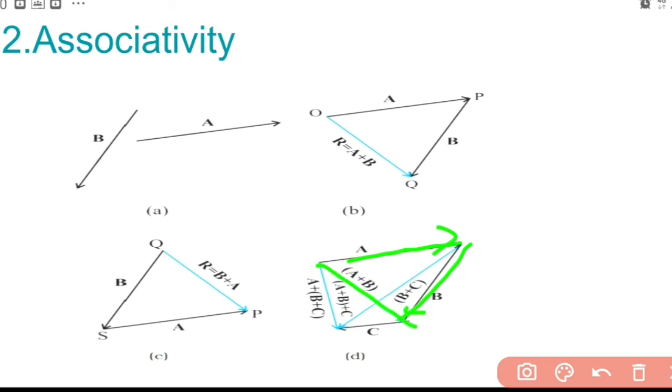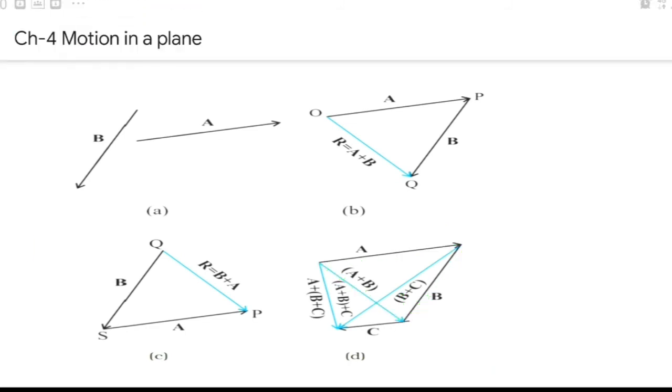Now that vector A plus vector B, this is the direction that is kept on the tail of vector C. So (A plus B) plus C gives you vector A plus B plus C. So this is vector A plus B plus C. Okay. So we got (A plus B) plus C. Now to find A plus (B plus C), first we need to find which one?